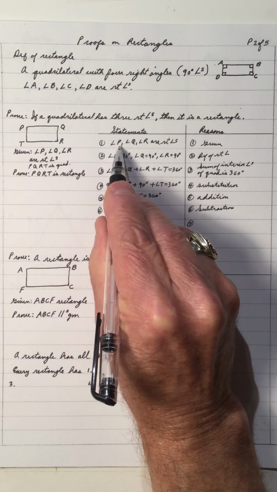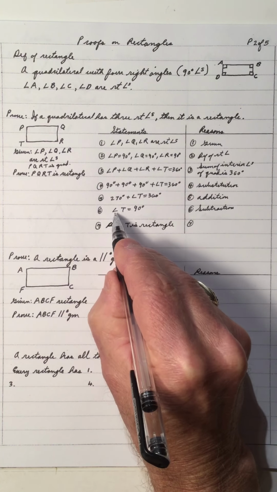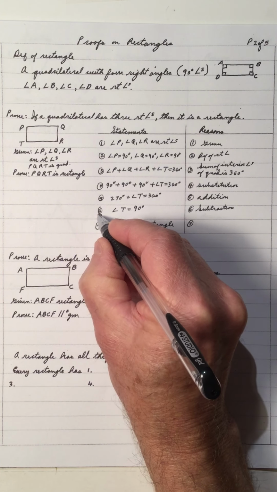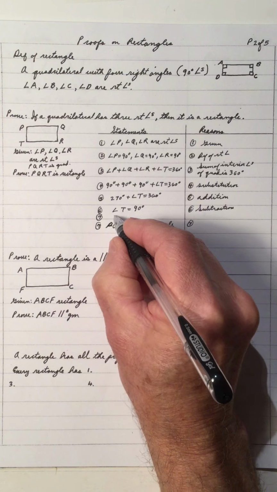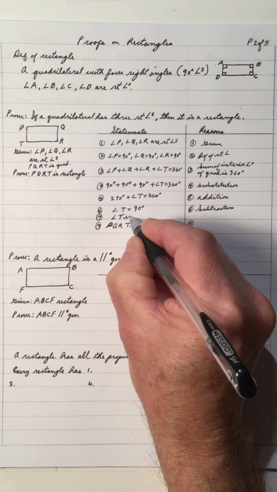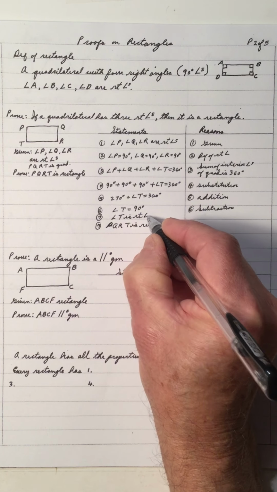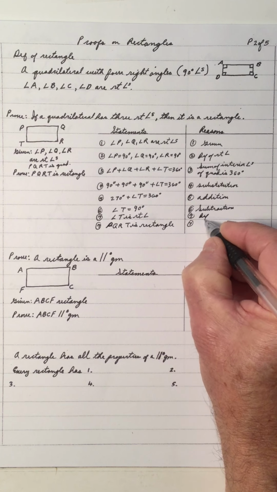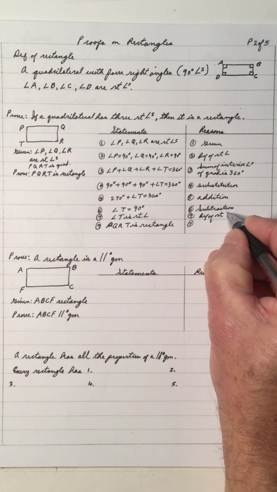Because we have three right angles given, we prove that the fourth one is, I forgot to say that, just a little technical part, that angle T is a right angle, and that's by definition of a right angle.